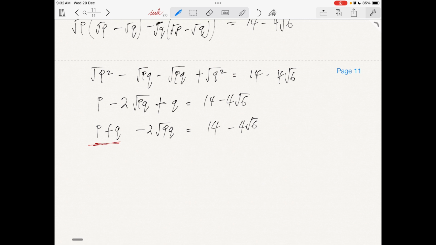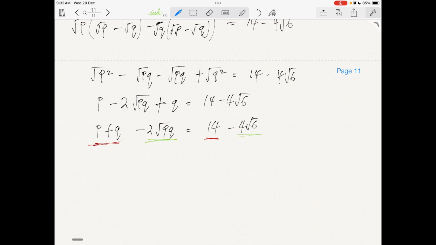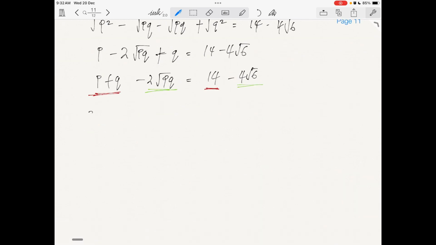Alright, so as usual, we compare and equate the rational part and also the irrational part. So we have our first equation, p plus q equals 14, and then minus 2 root pq equals minus 4 root 6.